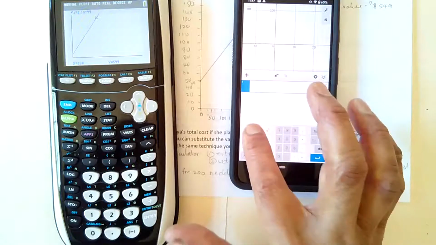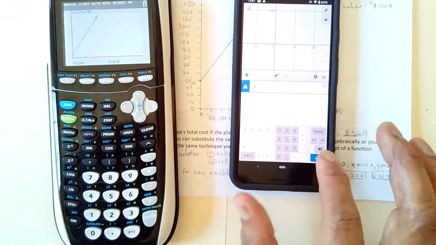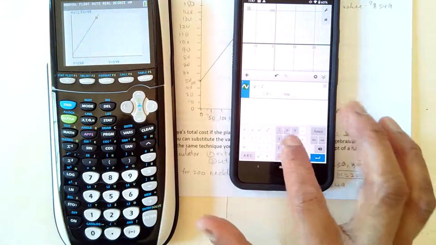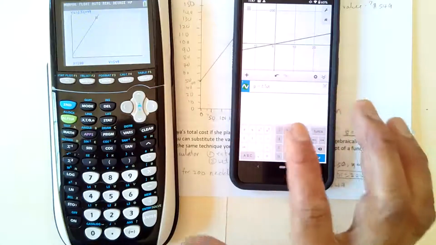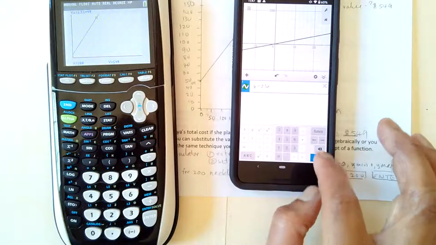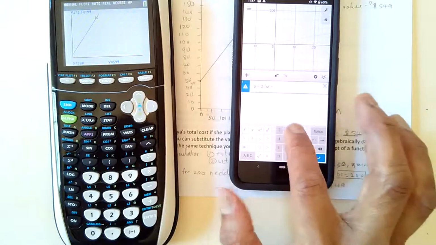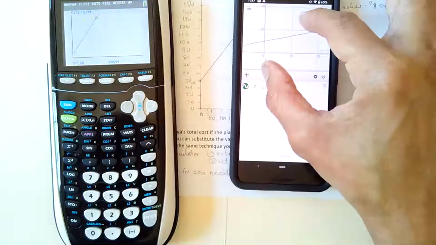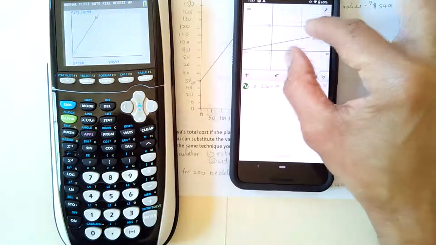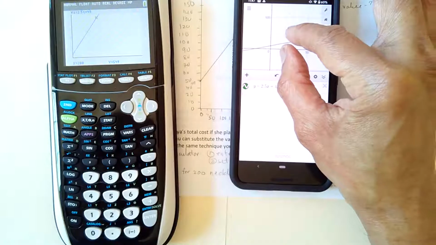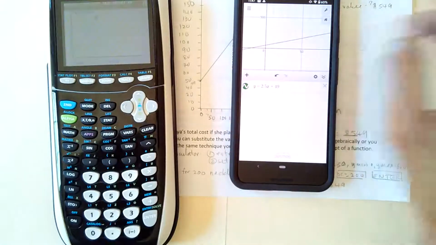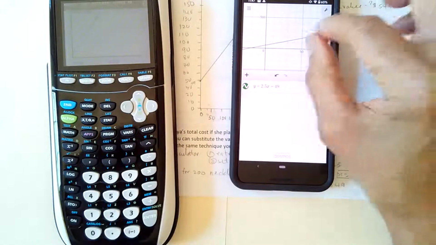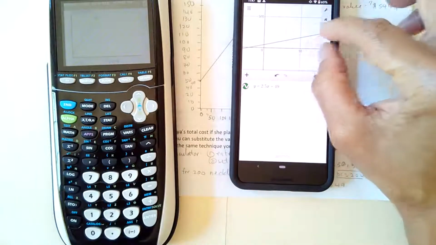So y equals 2.5x plus 49. Now, there's my graph. It's showing me negative, but I don't need negative. But I want to find when this is your necklaces here.